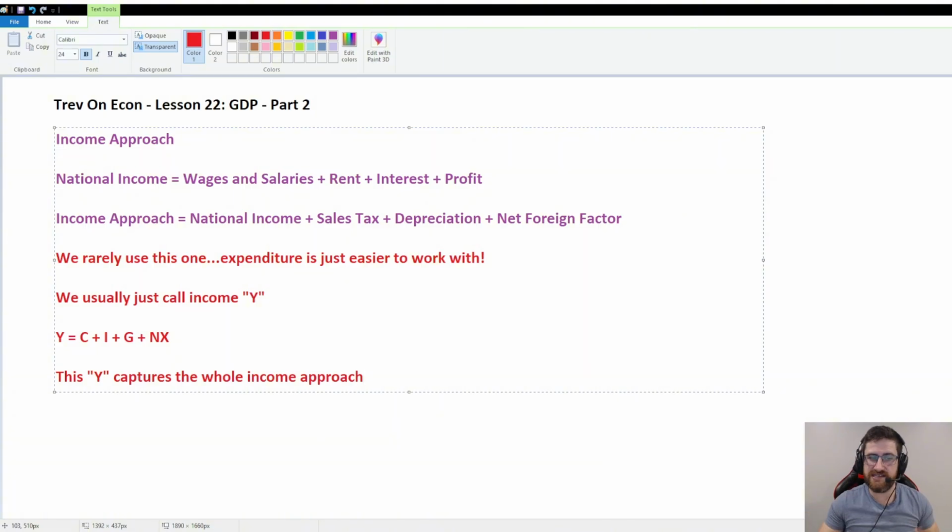It's just a nice way to simplify and say, all my income, we'll just call it Y, should be equal to all my spending, C, I, G, and X. Again, we technically are using the income approach. We're just vastly oversimplifying it and not considering the pieces nearly as much as we might if we were really diving into it. Again, your course might be different, but in my experience, the income approach kind of gets looked over. So give it the love you need to for your specific situation. Most people will not need it.